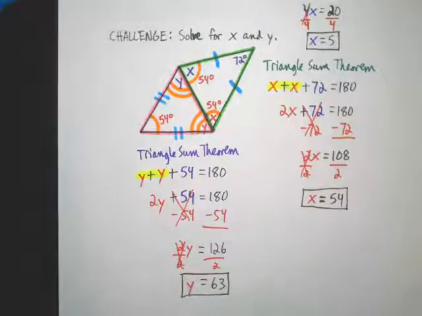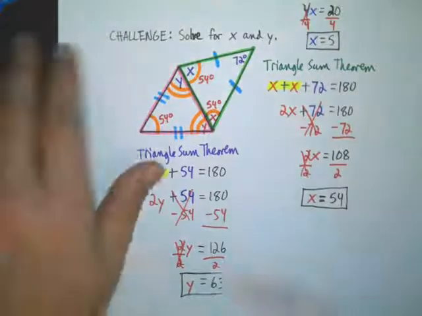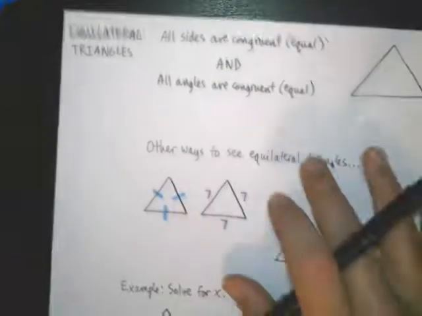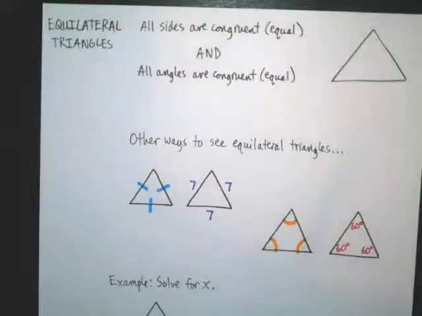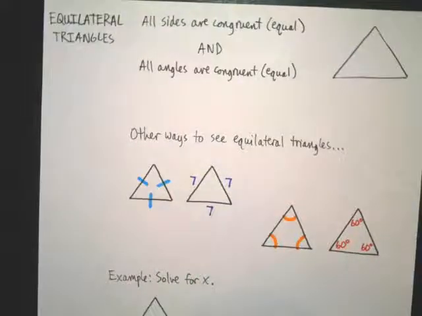All right. Now for the last section of the notes. These are going to be about equilateral triangles. So here's the deal with equilateral triangles. All sides are congruent, which of course means equal, and all angles are congruent.